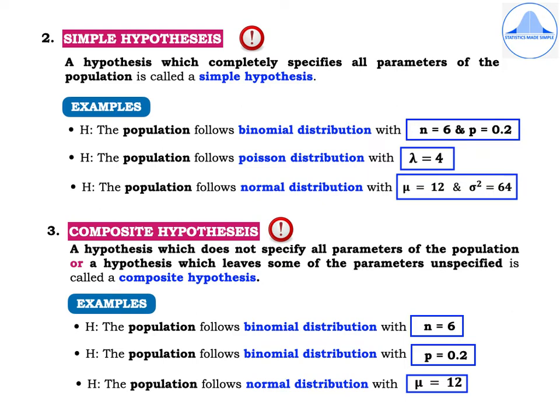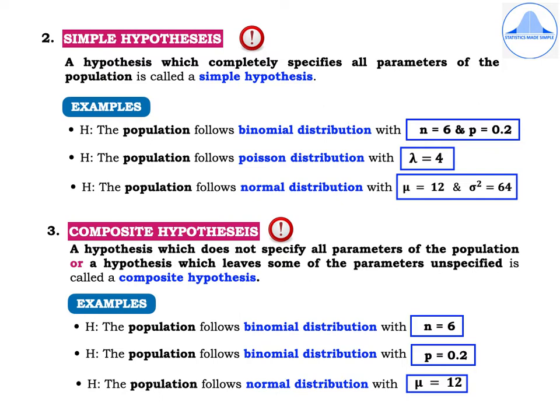So we know that the normal distribution has two parameters, mu and sigma square. We are specifying the value of mu but not specifying the value of sigma square, and hence it is a composite hypothesis. Similarly, you can define H as the population follows normal distribution with sigma square equal to 25, and you don't specify the value of mu, it becomes a composite hypothesis.